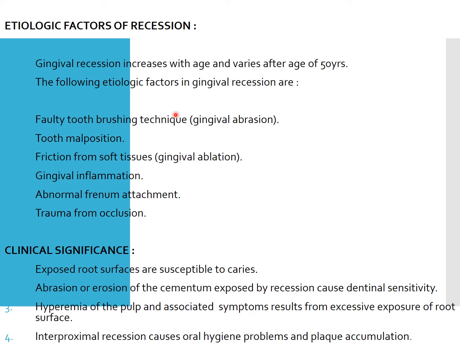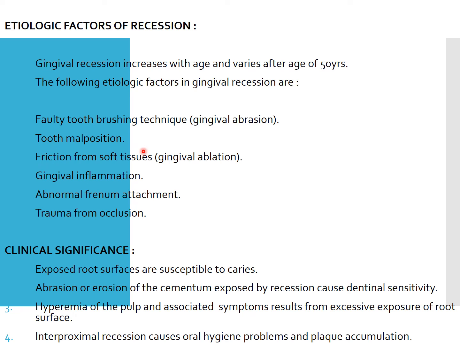There is gingival abrasion, or cervical abrasion. Then tooth malposition can also cause recession. If it is crowded in an area, the teeth that are placed labially will have thin bone or thin gingiva, so there are more chances to get recession.